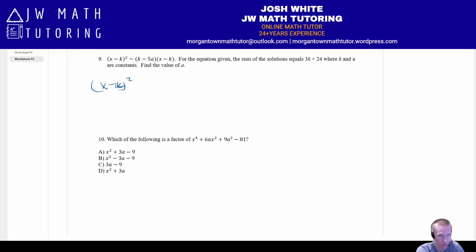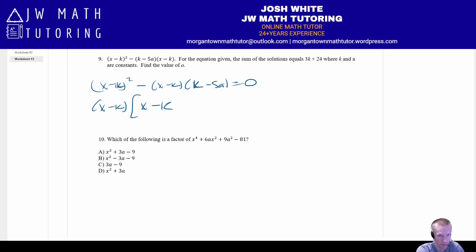I would move over the two terms on the right, x minus k, hold on, let me fix this, x minus k minus 5a. So everything's equal to 0. Then I factor out a common factor of x minus k.